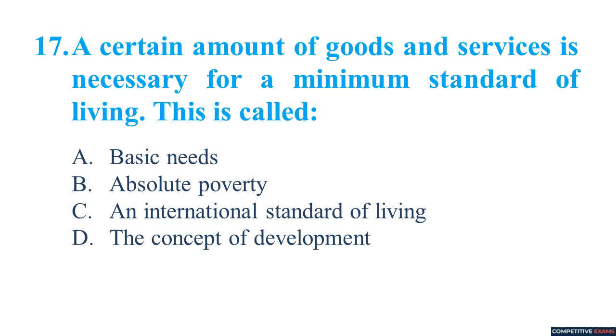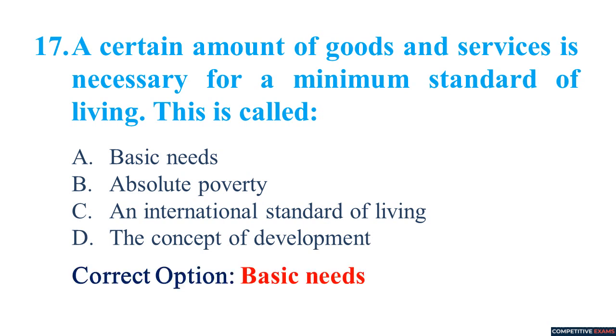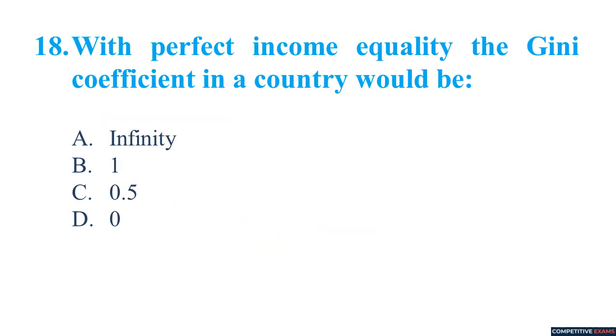A certain amount of goods and services is necessary for a minimum standard of living. This is called basic needs. With perfect income equality, the Gini coefficient in a country would be 0.